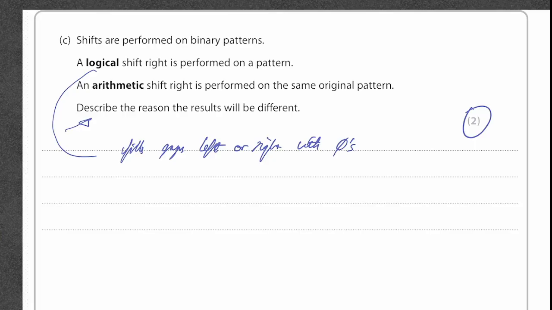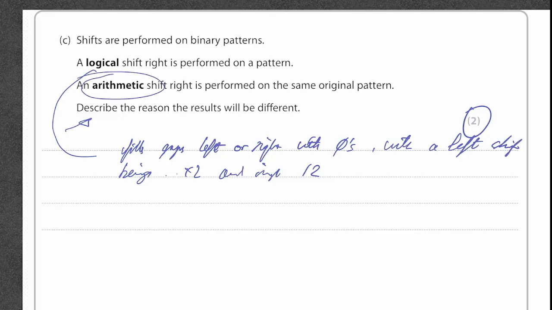And you could even, just to make sure that the examiner knows that you understand, with a left shift being equivalent of times them by 2, I'm just abbreviating here, and right divided by 2. Now that should easily give you at least one of the marks, but you've got to have 2 marks, because they really want you to demonstrate that you understand what arithmetic shifts right are.